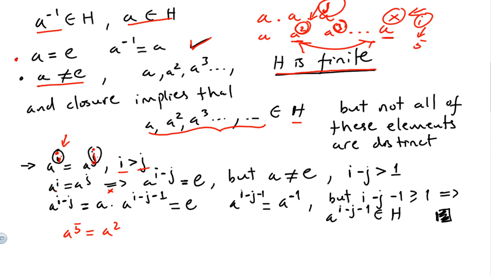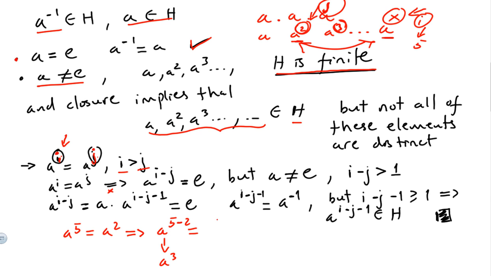Okay, so a^5 equals a^2. This implies that, so what is 5 minus 2? 5 minus 2 will be 3.